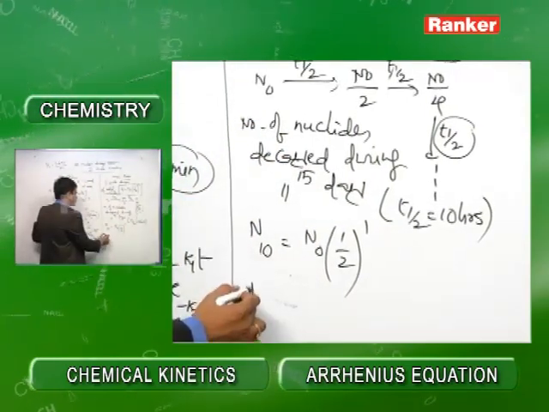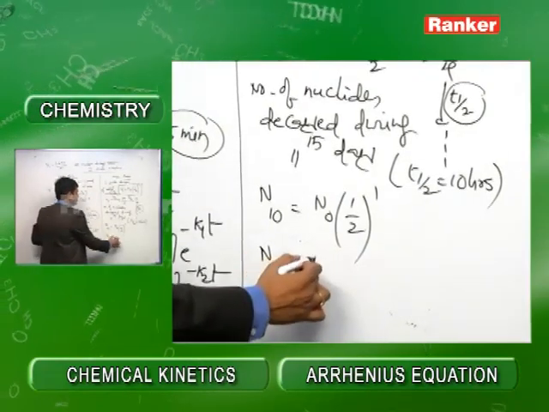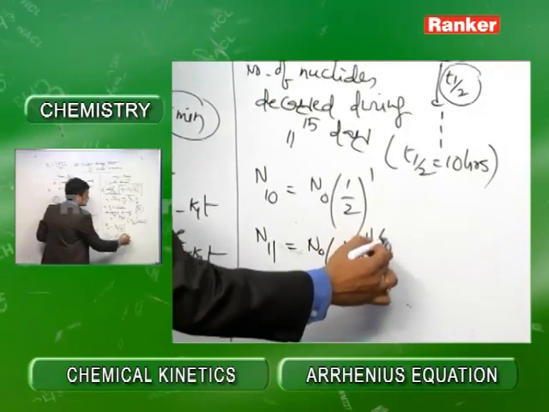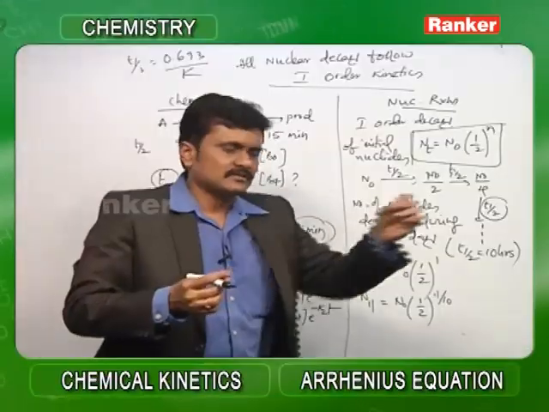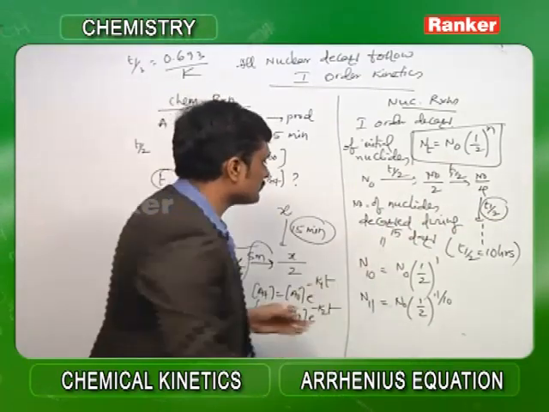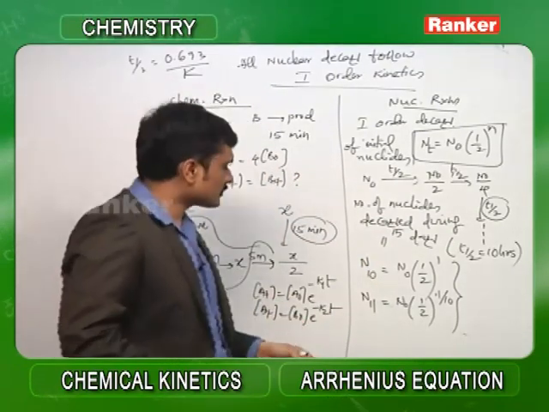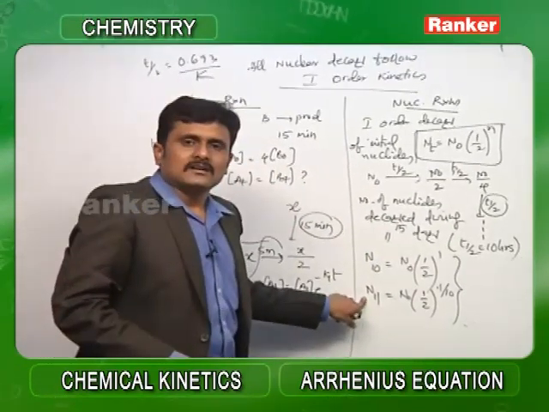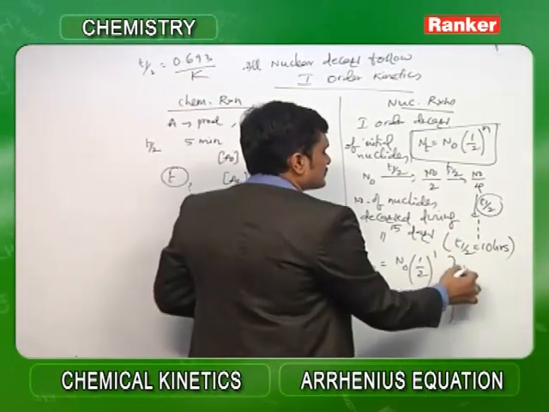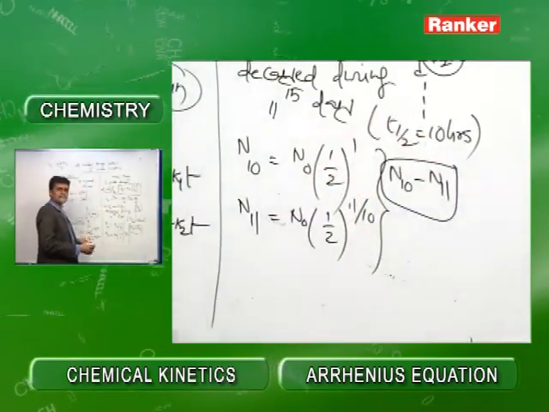I'll also find the number of nuclides remaining after 11 days, which is N naught into 1 by 2 whole power 11 by 10, because for every 10 hours there is 1 half-life. The number remaining after 10 days is N10 and after 11 days is N11. So the number of nuclides decayed during the 11th day is nothing but N10 minus N11, which you need to find out.